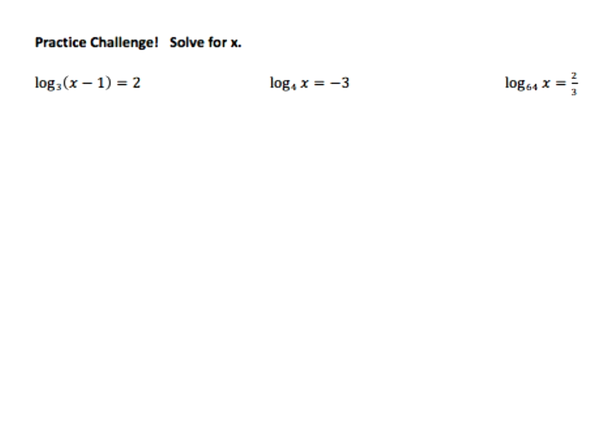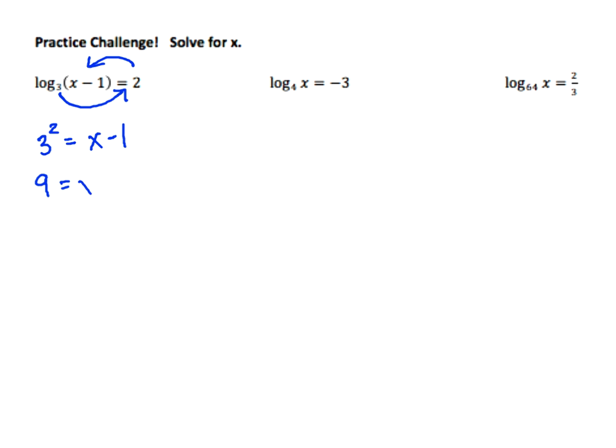All right, some challenge. So these are logarithmic equations, and the way we solve these type of logarithmic equations is to change them back into their exponential form. So what this is asking us is 3 squared is equal to x minus 1.